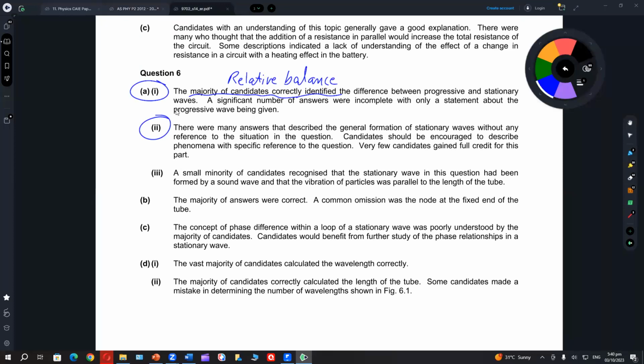Hopefully you can understand what he's pointing out. He says students are not required to write a memory-based answer, which the majority of people do whenever a question like this comes. They want people to engage the question.